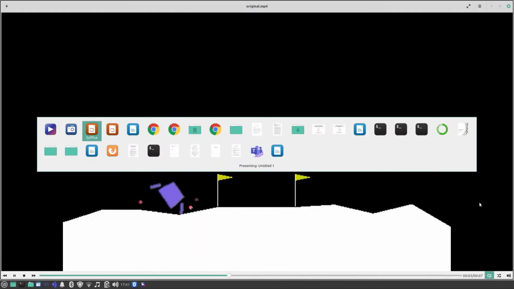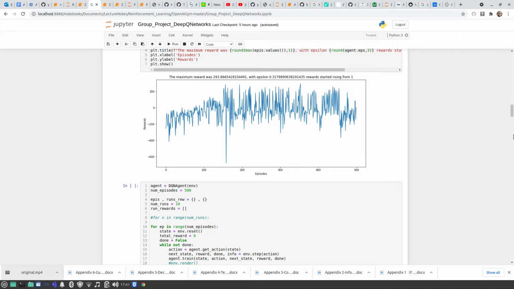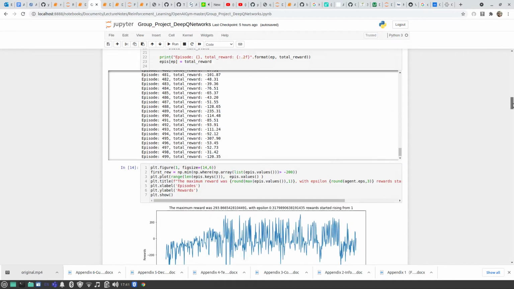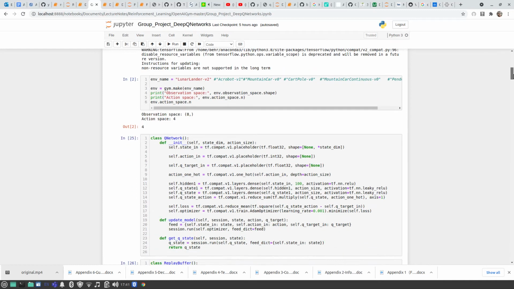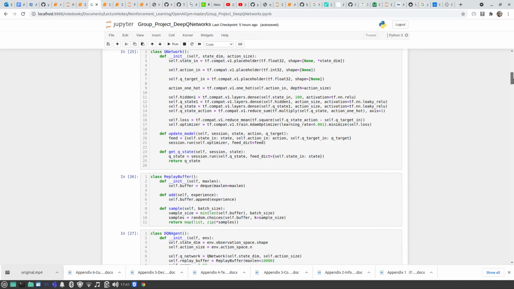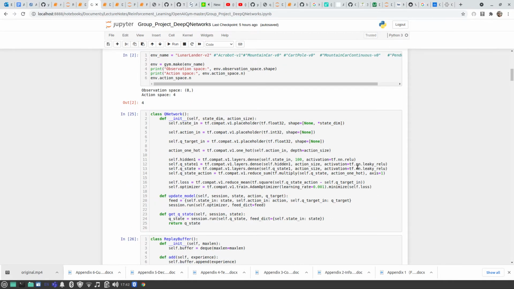Yes, the implementation involved downloading libraries, the gym library, and hyperparameters that were tested. These were activation functions such as leaky ReLU, softmax, and tanh function.